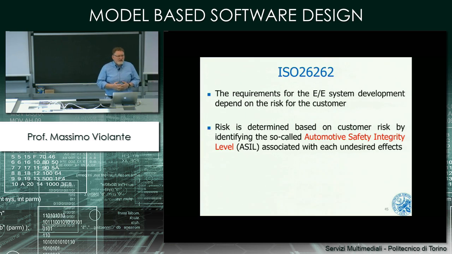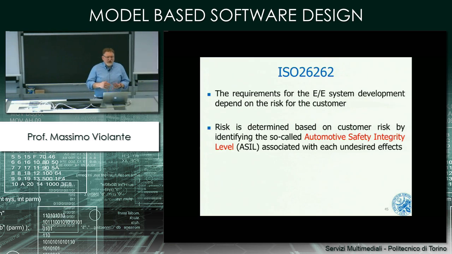And for each level, the standard will prescribe which techniques we have to use when specifying, designing, and validating our system. As we will see, the more critical the system is, the more we will have to spend in conceiving, designing, and validating the system.